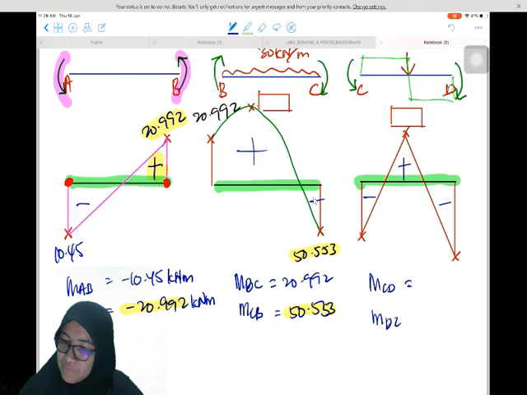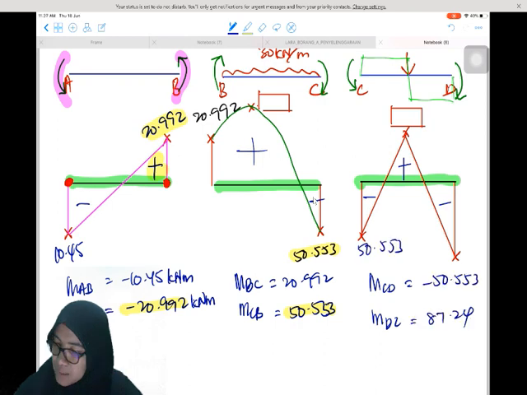So this is 50.553 and this one is 87.24. Remember, one is negative and one is positive, because whenever we total this, we will get zero. Okay, this is how we draw the diagram.